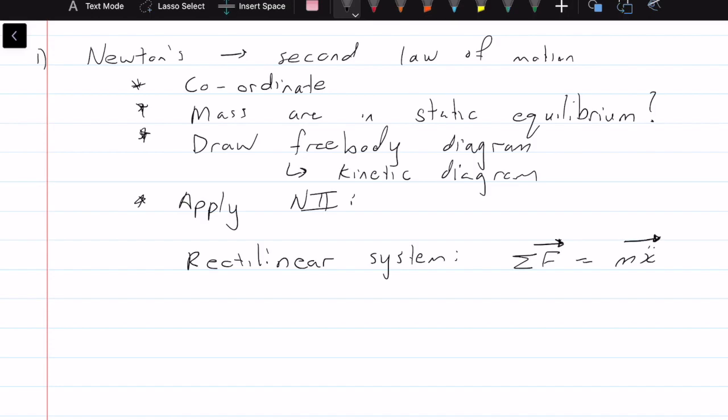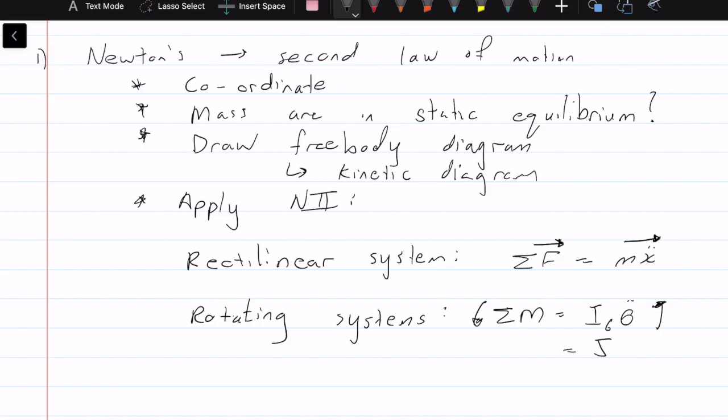And then for the second case, it's for rotating bodies, or rotating systems rather. For rotating systems, the sum of the moments is equal to the mass moment of inertia times theta double dot in a given direction, or we can have it equal to J about some point times theta double dot. So the sum of the moments can also equal that.